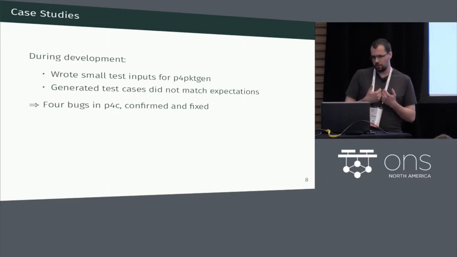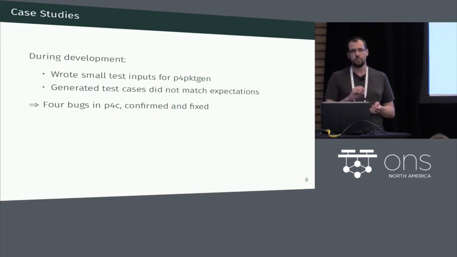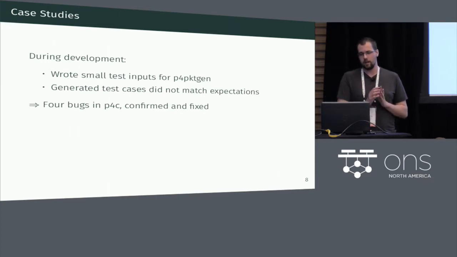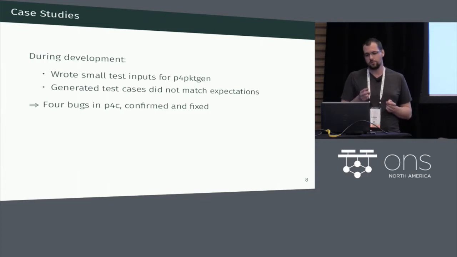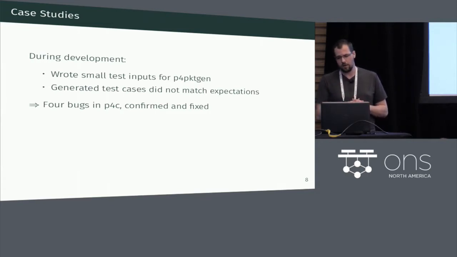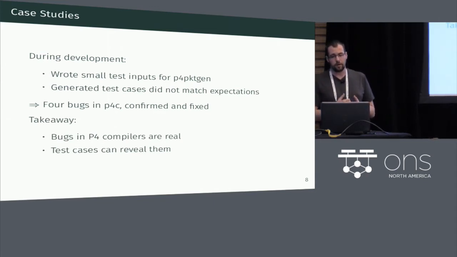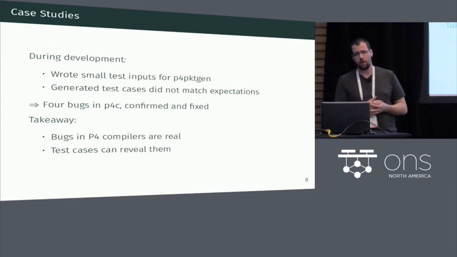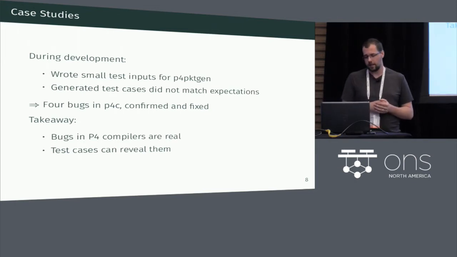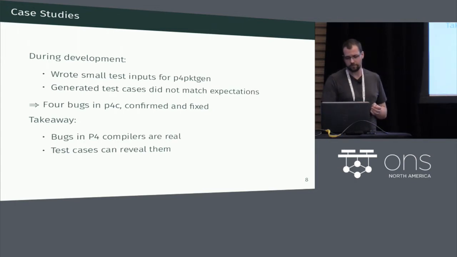For example, one of the bugs was that if you had a negation and then a conversion to a larger bit width, the sequence of those 2 statements were actually inverted. So the main takeaway from this, for us at least, is that bugs in P4 compilers are actually a problem, and that test cases can help reveal those problems.